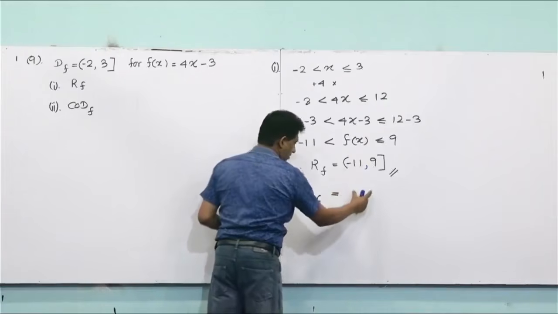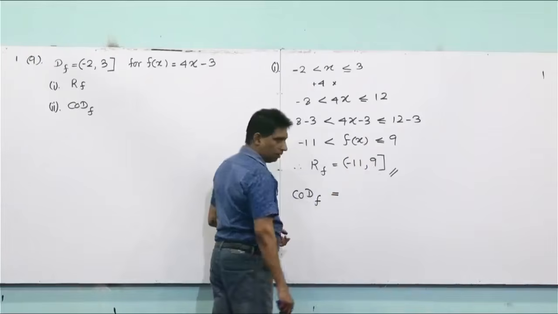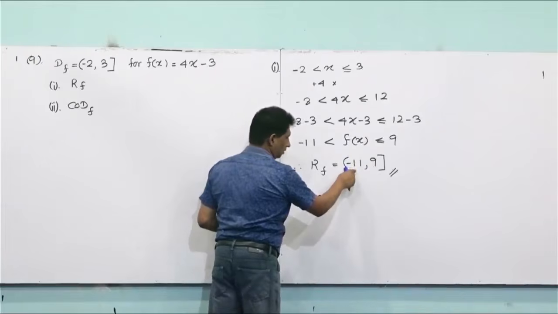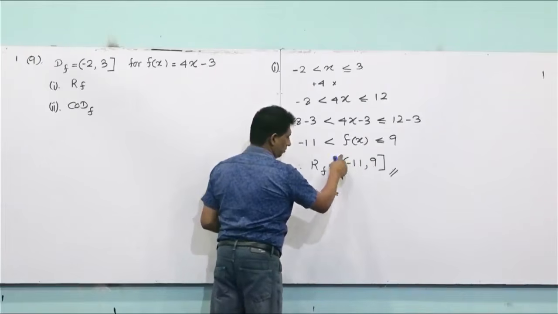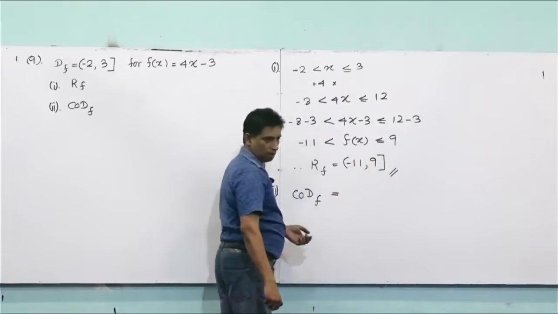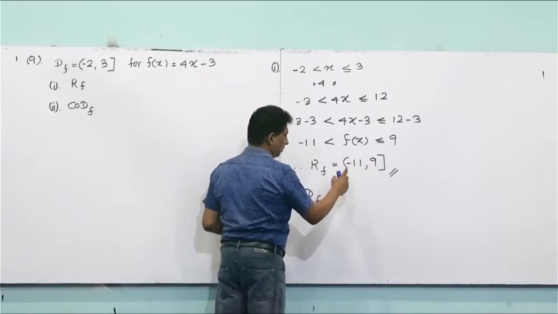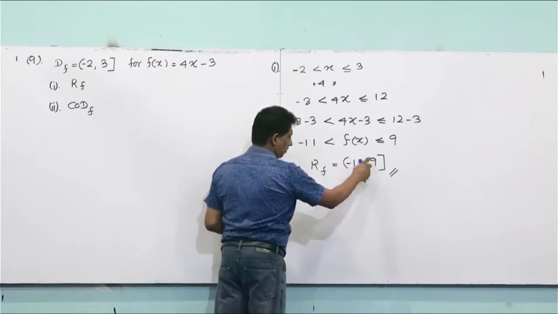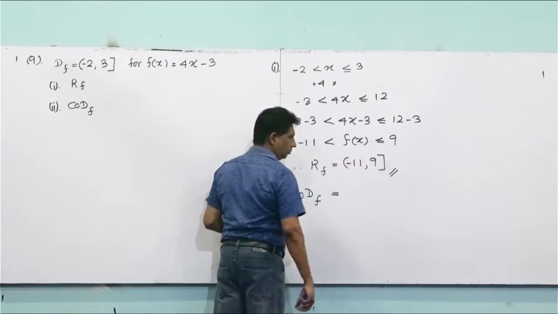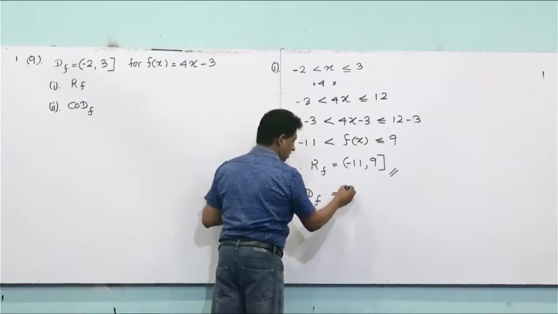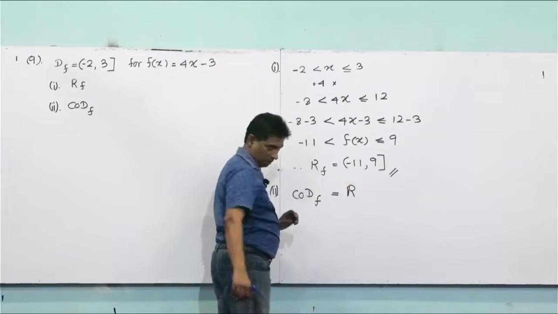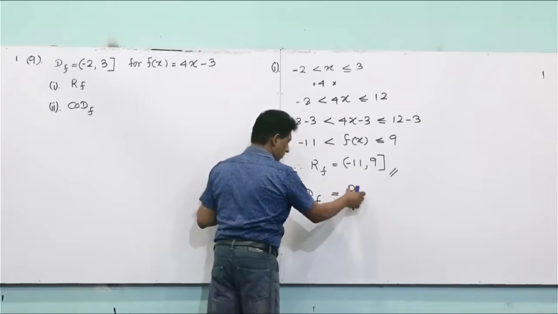If you write this one, it is okay. Otherwise, you can put minus 11 additionally and put square brackets on both sides. That one is also okay. Otherwise, you can put all the values other than this element, and write it as the real number set. That is also okay, right?